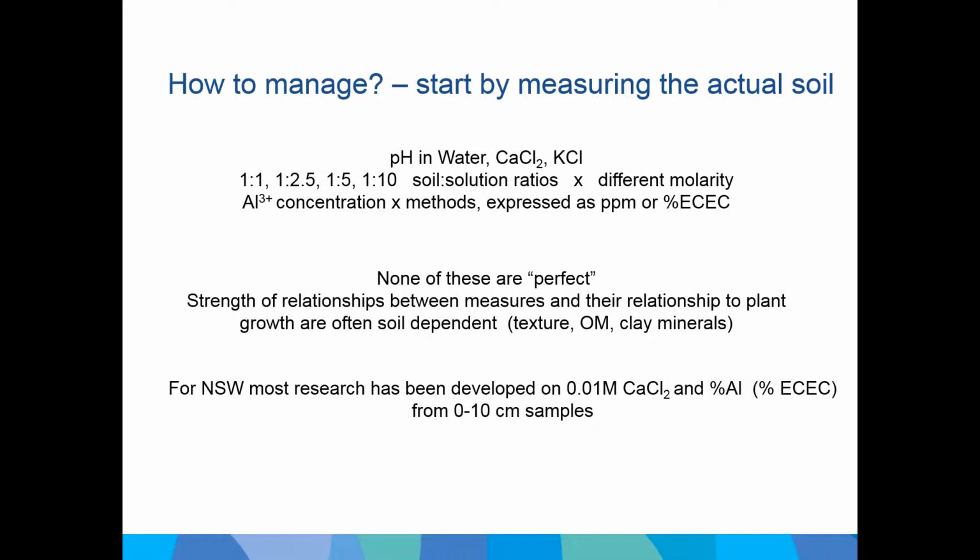And this is all based on 0 to 10 centimetre soil samples, because that's how the work was done. So our soil testing strategies with farmers tend to be 0 to 10, and the numbers that we get back, measured in these ways, you can easily look back into the literature and find how they relate.